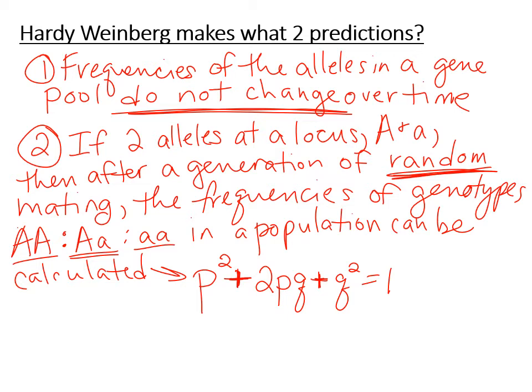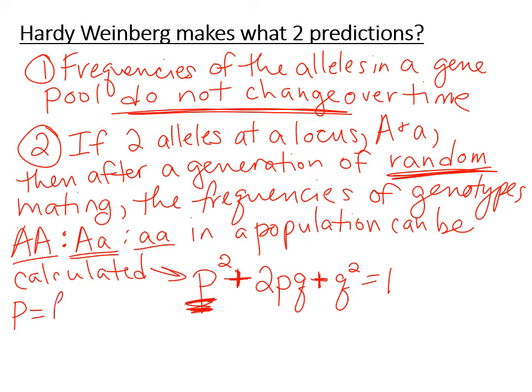The first thing you have to realize is that when you see the letter p in this equation, that letter p is representing the frequency of the dominant allele.